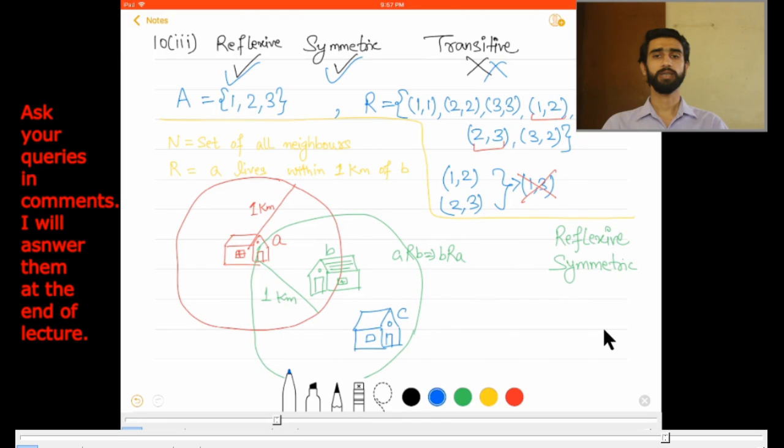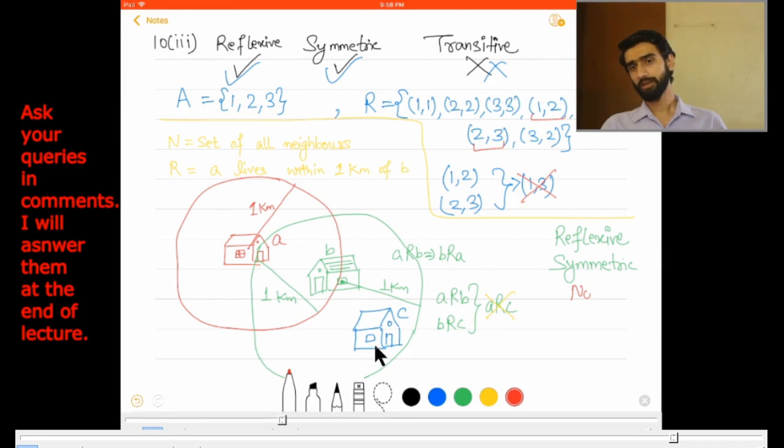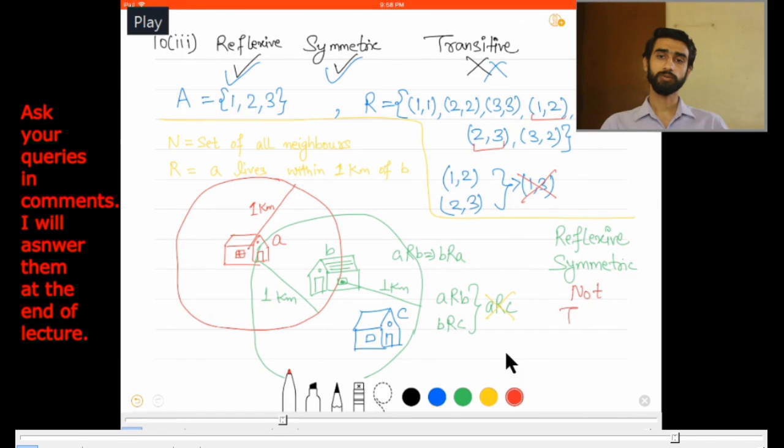You will see A lives within 1 kilometer radius of B, and B lives within 1 kilometer radius of C. So A is related to B and B is related to C, but A doesn't live within 1 kilometer radius of C, hence A is not related to C. The first is related to the second, B and C are related, but the first and third are not related to each other. That's why this relation is not transitive, and we satisfied our conditions.